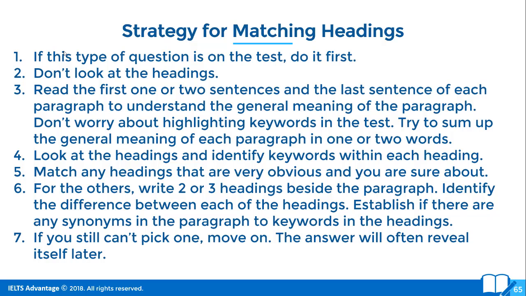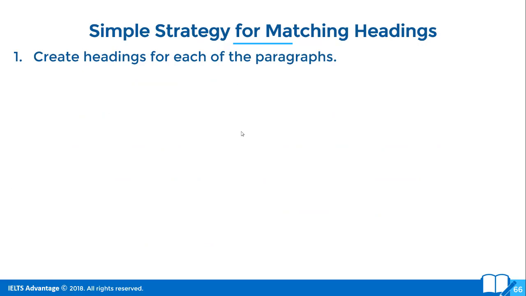The answer will often reveal itself later. Repeat until finished. So if I could summarize this in a very simple, easy to understand way, it would be: create headings for each of the paragraphs. So look at the paragraphs first, create headings for them, match these to the list of headings. It's keeping it very simple.